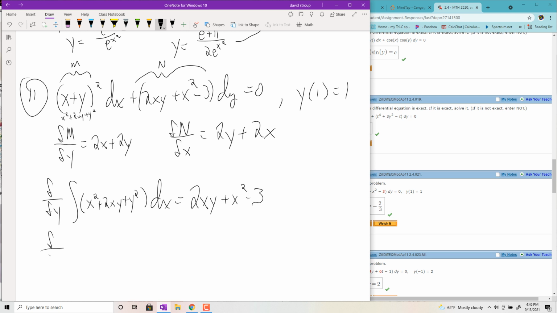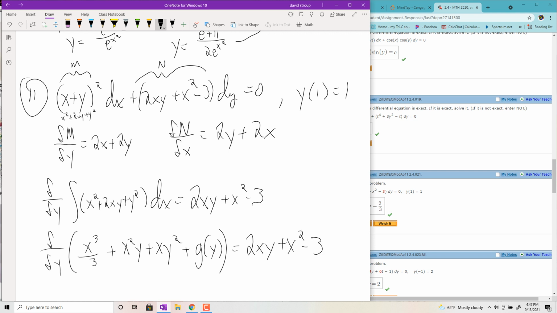So partial with respect to y of x cubed all over 3 plus 2x squared y all over 2. So it'd just be x squared y plus xy squared plus this function g of y that may have been destroyed by the original derivative with respect to x.